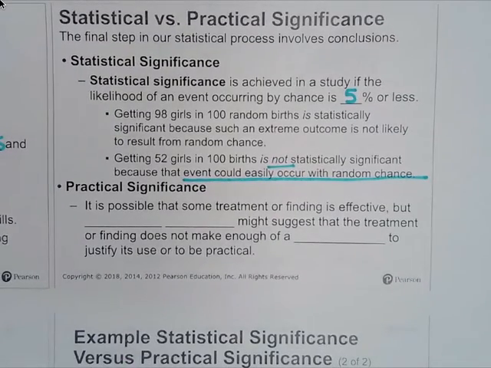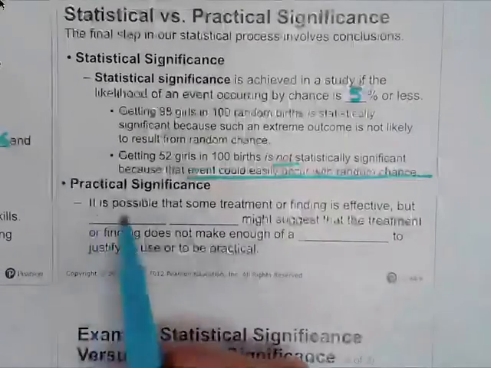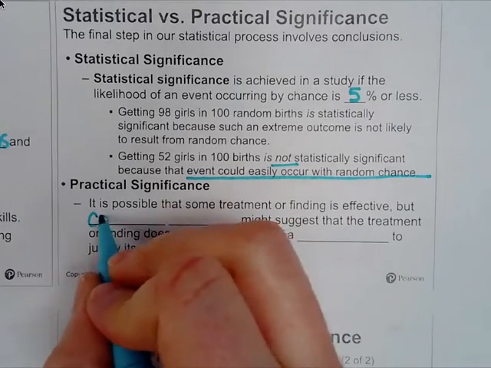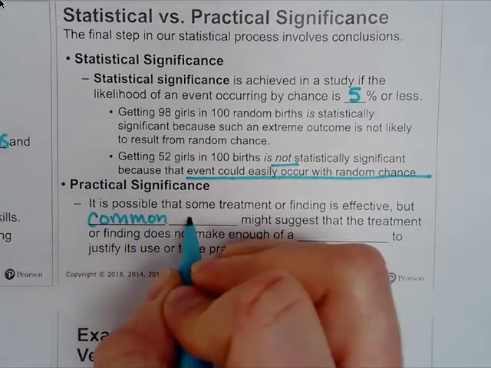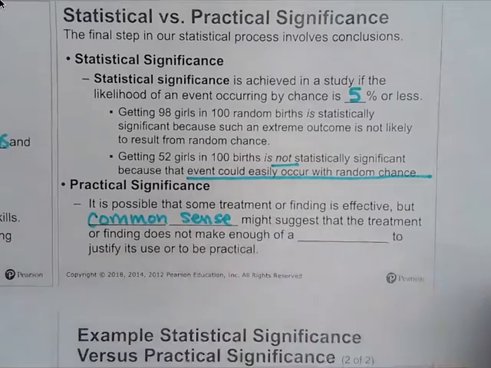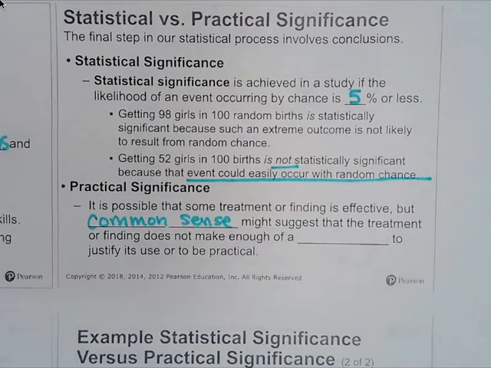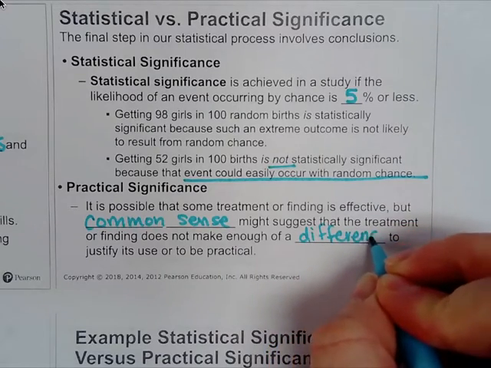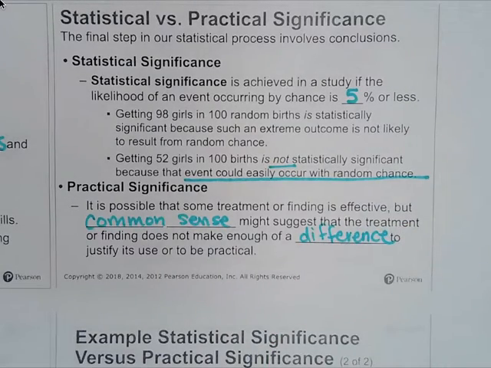Practical significance is more of looking at common sense. So it's possible that some treatment or finding is effective, but common sense might suggest that the treatment or finding does not make enough of a difference to justify its use or to be practical.